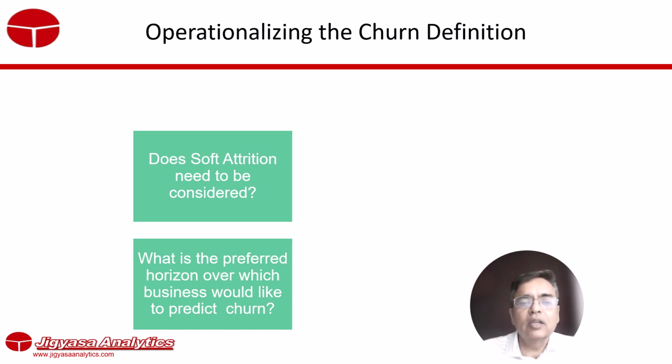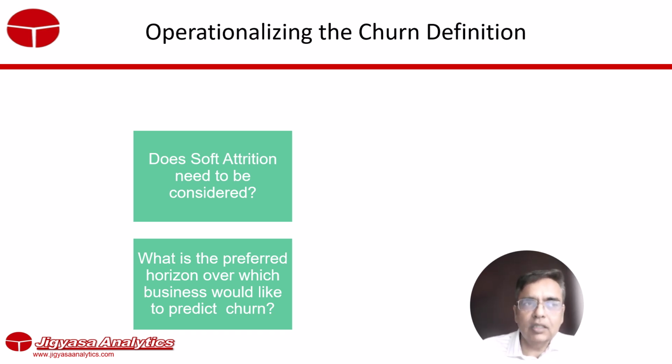The next thing is, what is the preferred horizon over which business would like to predict churn? And it varies with the customer type and the life stage. You might want who is likely to churn over the next few days, the next few weeks, the next few months, over the next year.